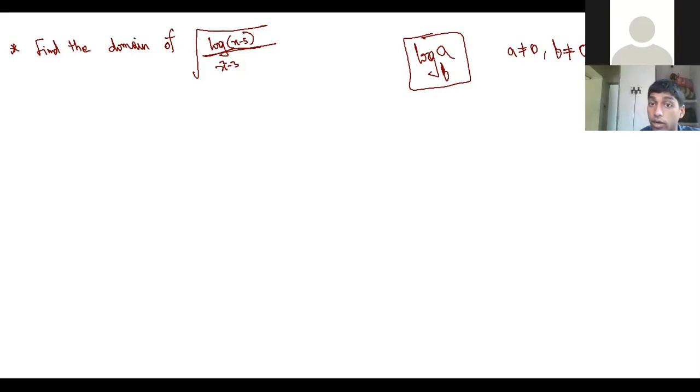Any other condition for b? Not equal to 1 also. What are the other conditions? So this is a different discussion. In logarithms, we discuss this. What are the other conditions? A and B are always positive.